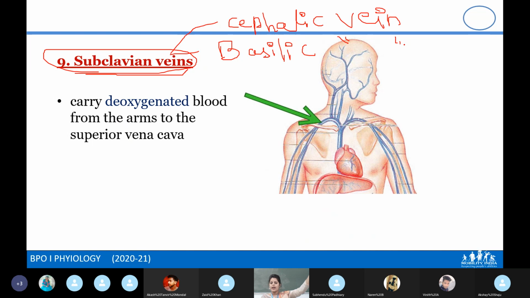These two veins join with the subclavian vein, and that subclavian vein joins with the superior vena cava. These are the minor blood vessels present in the upper extremity, which you will learn in detail in anatomy.